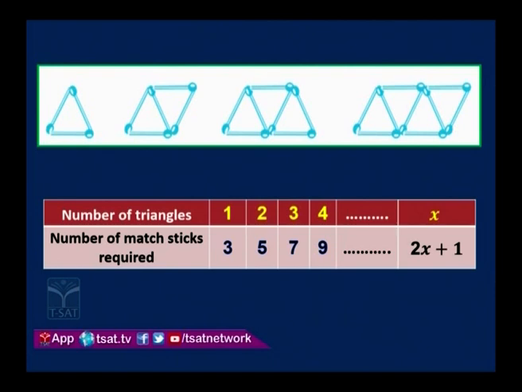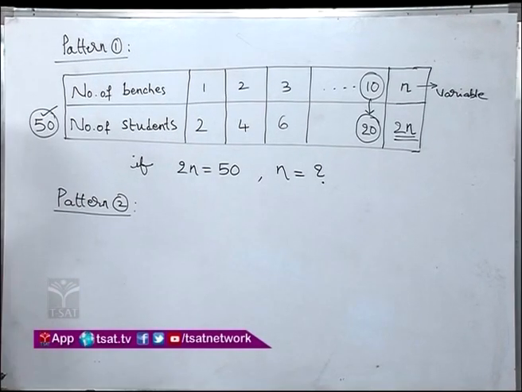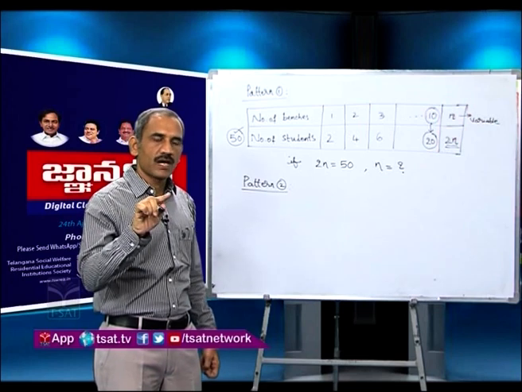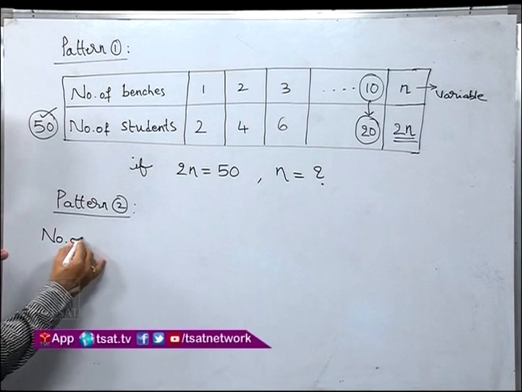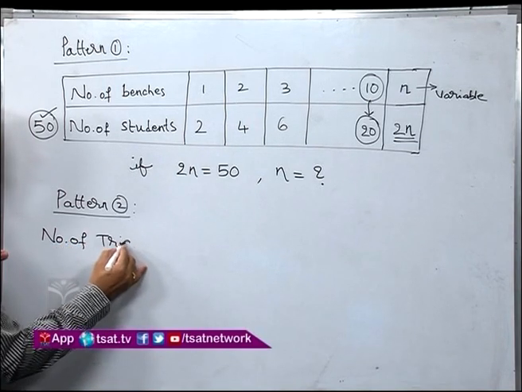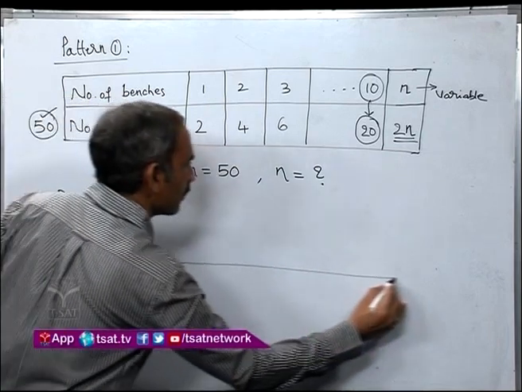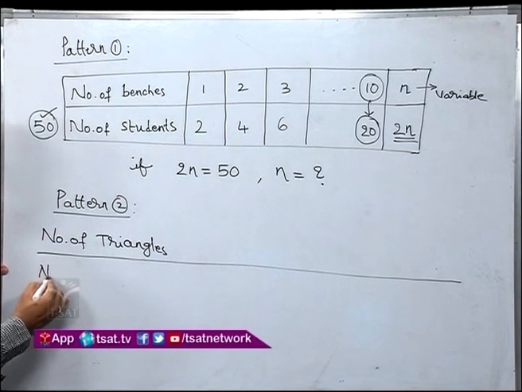Let us take the second pattern. This also we explained while learning the concepts of variables and exponents. Here, number of triangles. Next, what is required to form these triangles? Matchsticks are required.